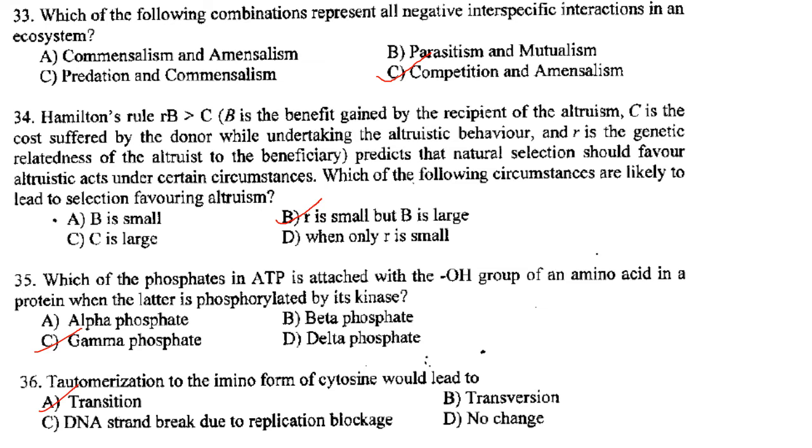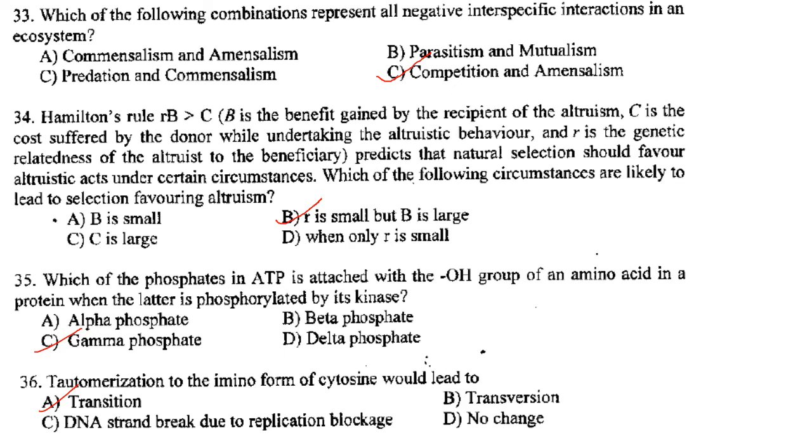The next one. Tautomerization to the imino form of cytosine would lead to transition. Due to cytosine tautomerization, it will pair with adenine, and in the next round of replication, adenine will pair with thymine.